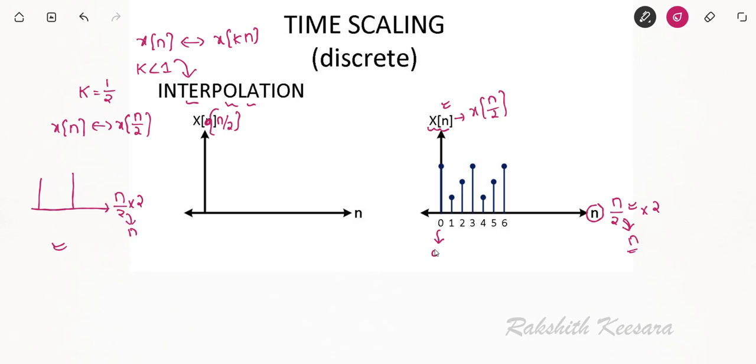This will be 0, this will be changed to 2, this to 4, this to 6, this to 8, this to 10, and this to 12. So let me plot the same things here: 0, 2, 4, 6, 8, 10, 12.